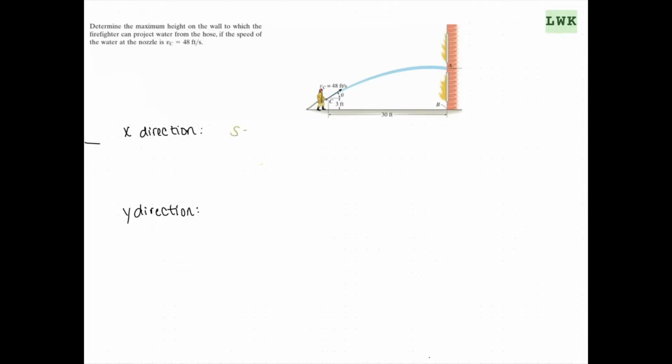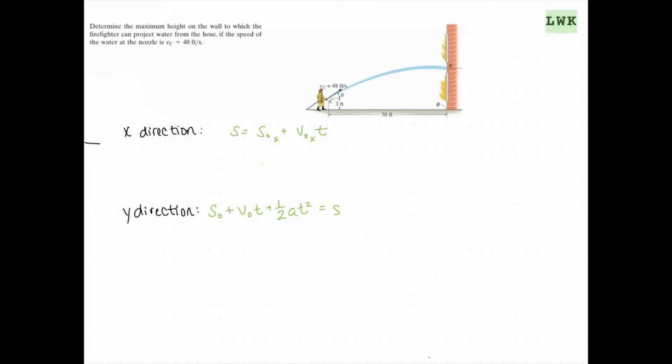So for x, we can say s equals s sub 0 x plus v times t. And for y, we know that s sub 0 plus v sub 0 t plus 1/2 a t squared equals s.